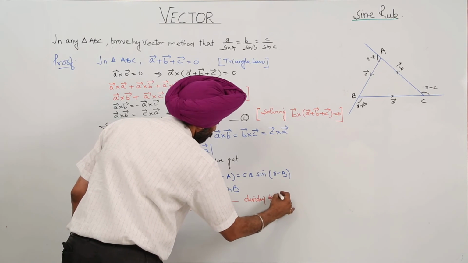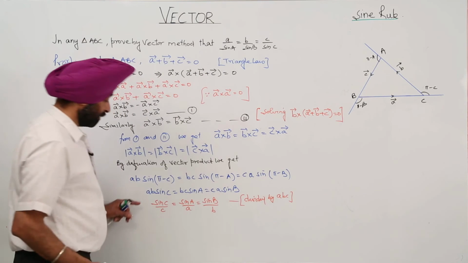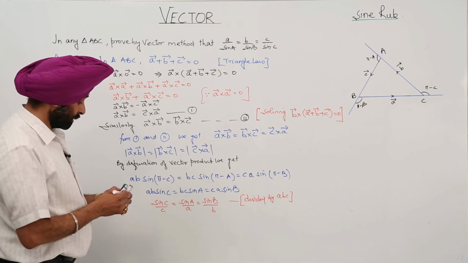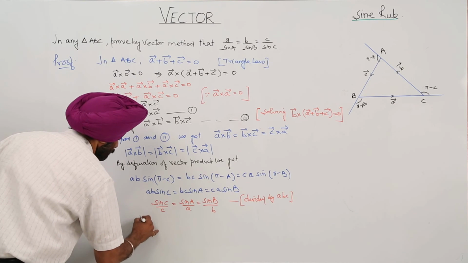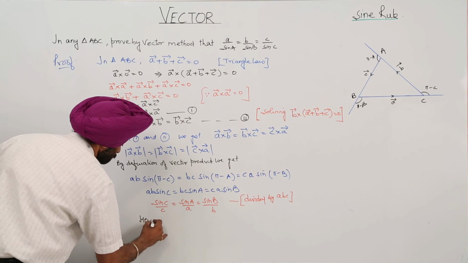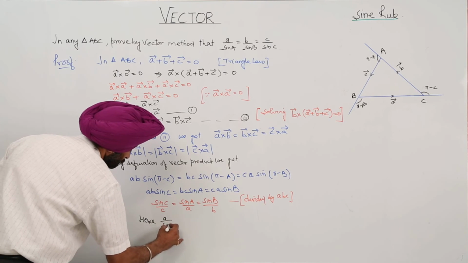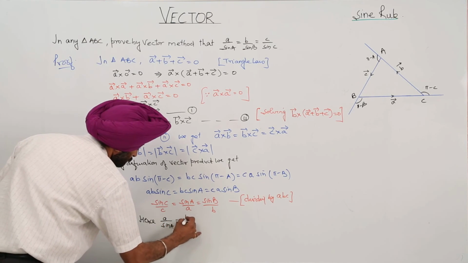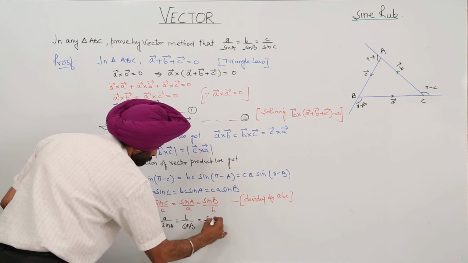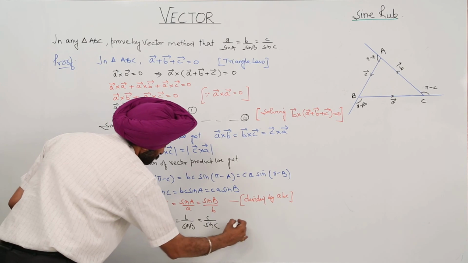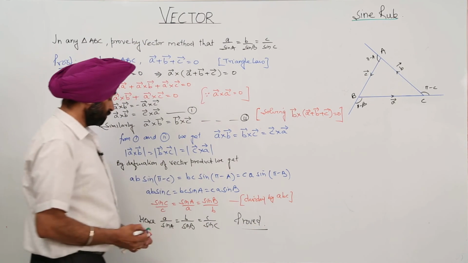Hence a upon sin A is equal to b upon sin B is equal to c upon sin C. Proved. So this was the sine rule.